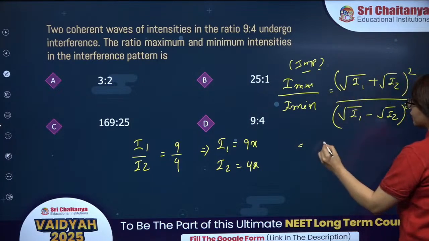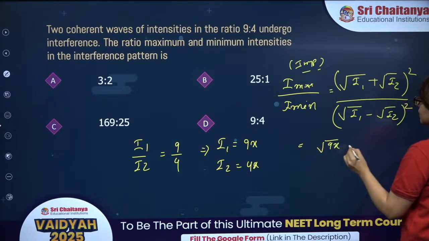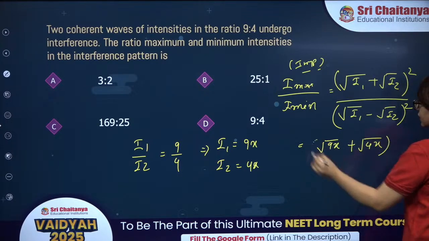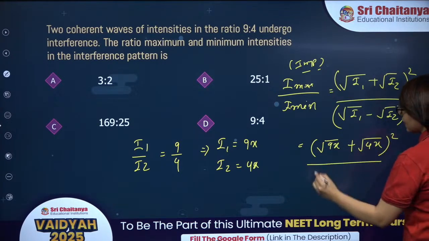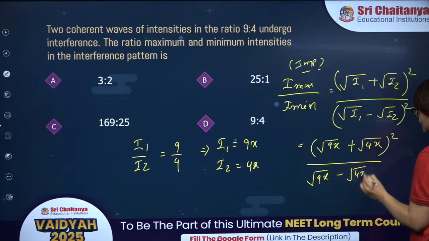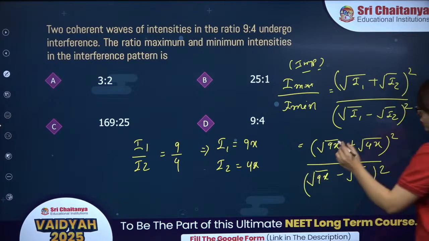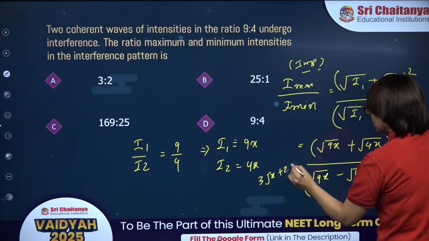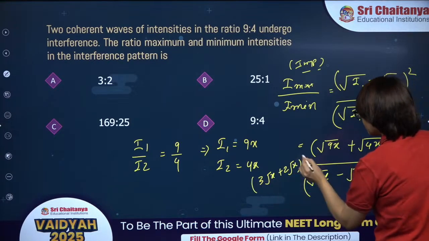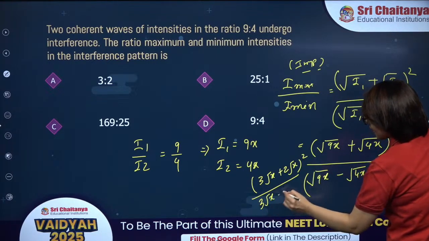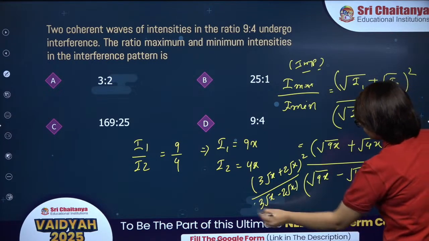Under root of I1 will be under root of 9x plus under root of 4x, whole square, divided by under root of 9x minus under root of 4x, whole square. So this will be (3 root x plus 2 root x) whole square divided by (3 root x minus 2 root x) whole square.